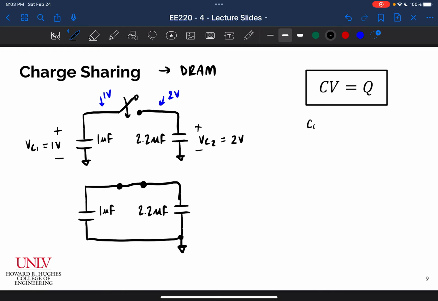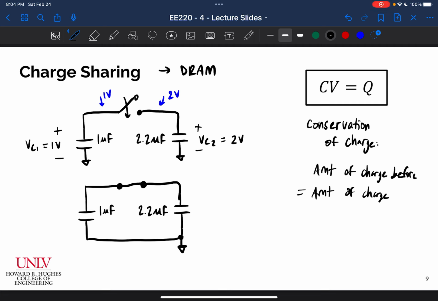So this concept of conservation of charge, let me write it out. It states that the amount of charge before the switch closes is equal to the amount of charge after the switch closes. Okay, so that's conservation of charge.